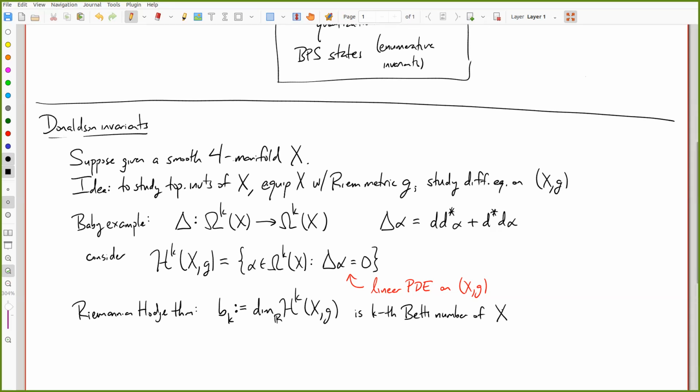In particular, it's independent of g. So it really only depends on X. In other words, it's a topological invariant of X.